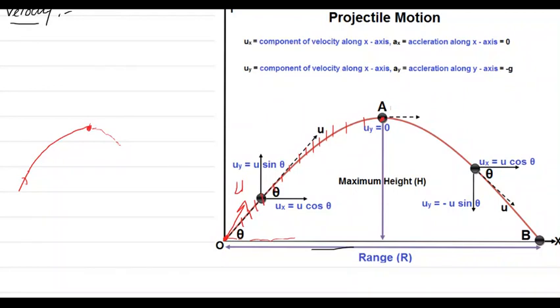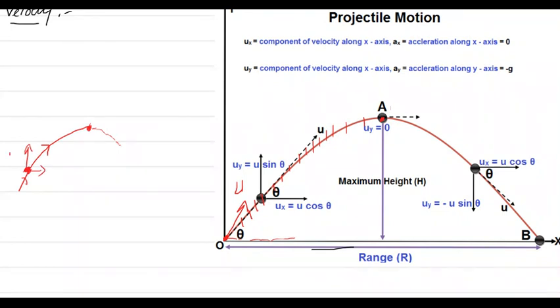Okay, so it is very simple. At each and every point, we see both components of the velocity. Here will be the x component, and as it is moving upward, here will be the y component.